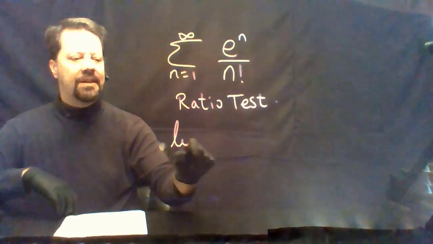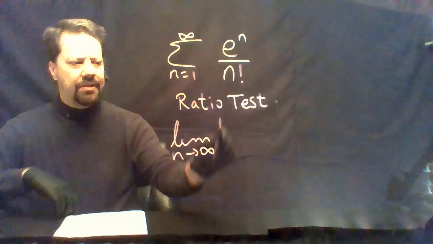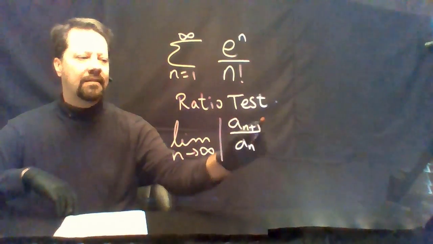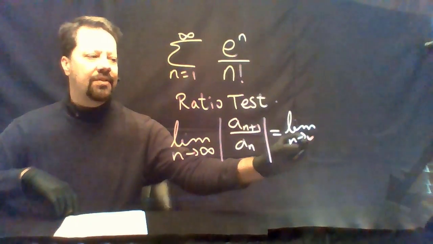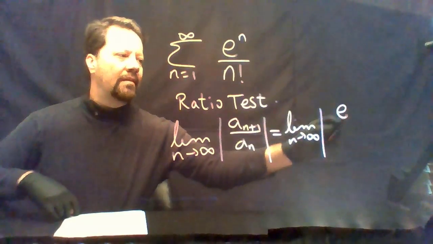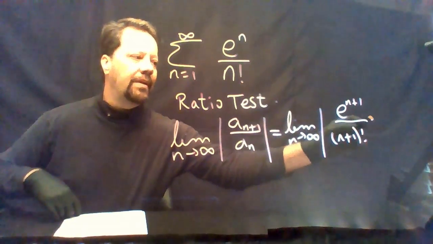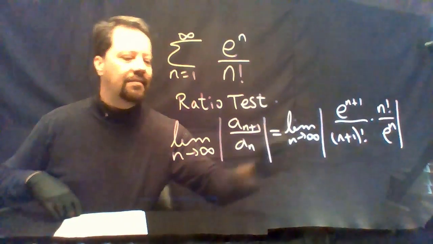We'll take the limit as n goes to infinity. The ratio test uses the formula a sub n plus 1 over a sub n. That will be the limit as n goes to infinity of e to the n plus 1 over n plus 1 factorial, times n factorial over e to the n.